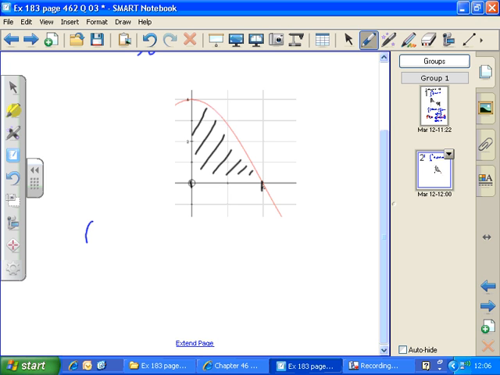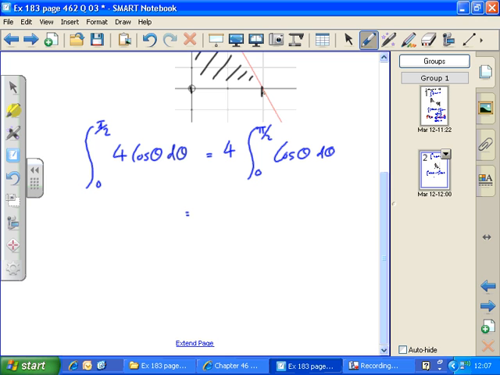So what's the integral between 0 and pi by 2 of 4 cos theta d theta? Well, again, I would bring the 4 outside. Integral between 0 and pi by 2 cos theta d theta. What's the integral of cos?